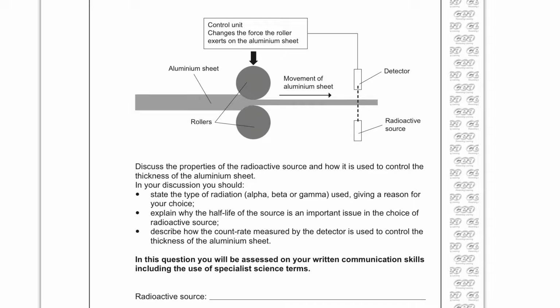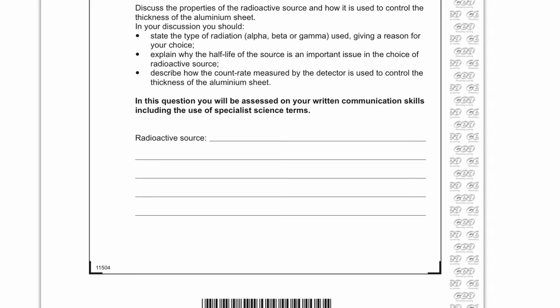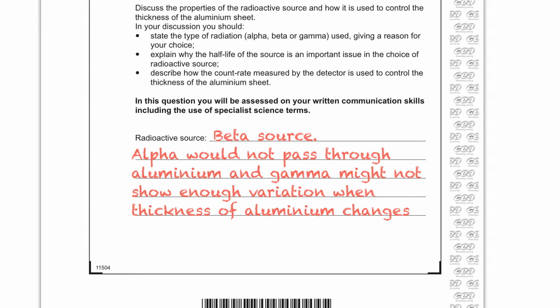The signal might not decrease by much, so you probably have to pick betas for this. So you just give a reason why you're picking them: alphas wouldn't pass through it, and the gamma value might not change much when the thickness of aluminium changes. So that's good enough reason to pick betas.